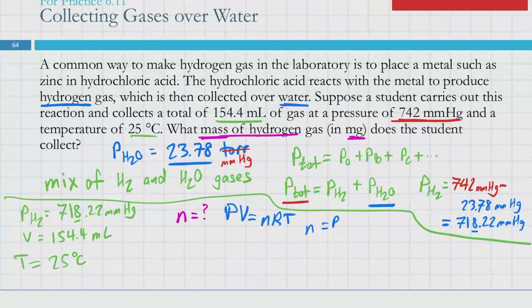So n equals PV over RT. We found pressure from the first part. We also have volume and temperature, and R is what it usually is, which is 0.08206 liter atmospheres per mole Kelvin.